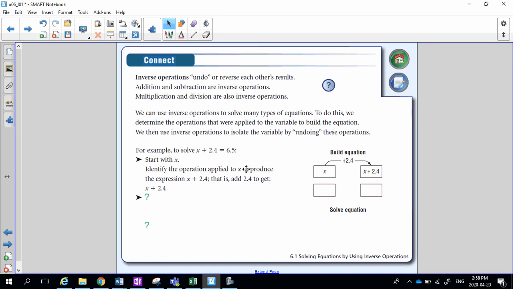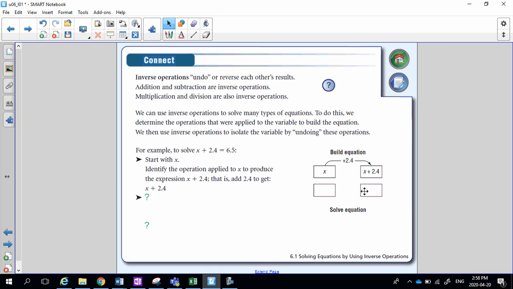Start with x, identify the operation applied to x to produce x plus 2.4. So we said x plus 2.4 gives us what we started with. So what is x plus 2.4 equal to? It's equal to 6.5.